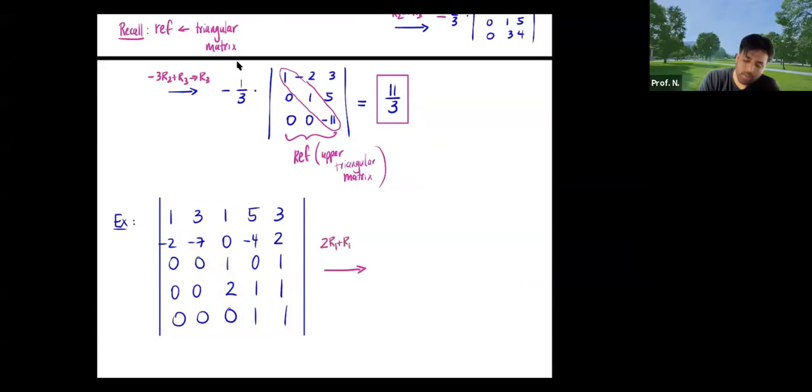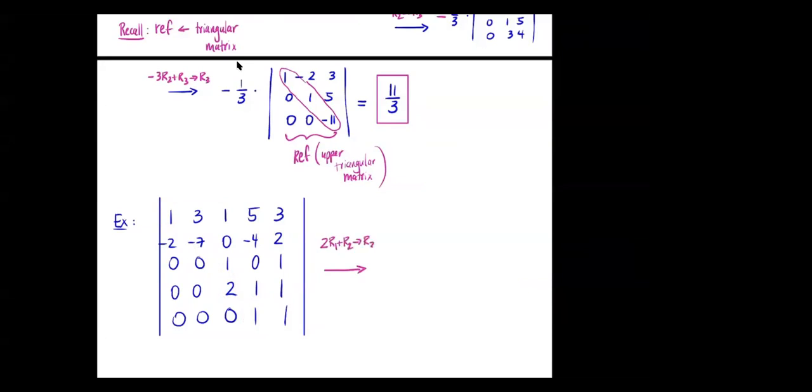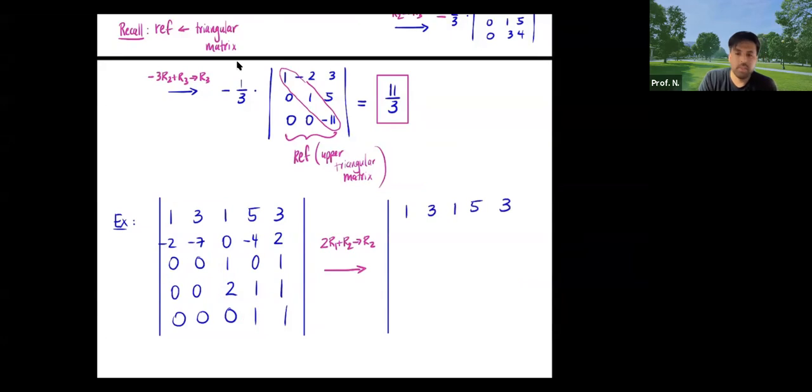And when I do that, what happens to the determinant? It stays unchanged. I don't change it. All I'm changing is the matrix. So this becomes 0, 0, 0. And then when I multiply by 2, I get 6 plus negative 7, so I get negative 1 on the diagonal here.